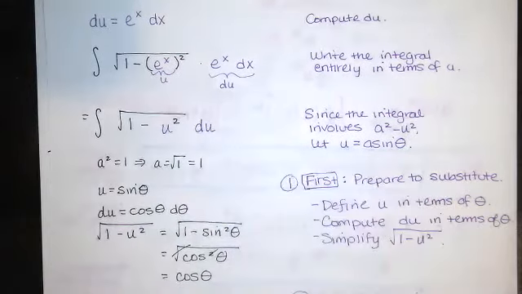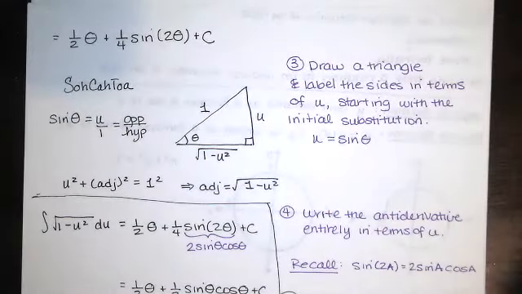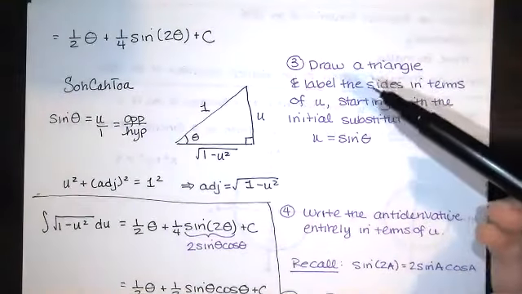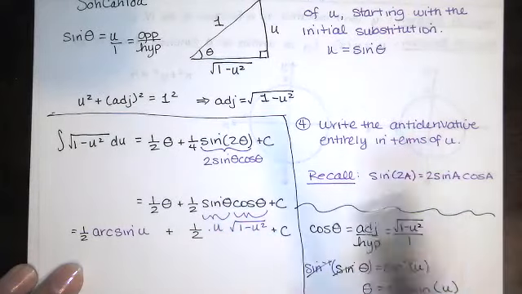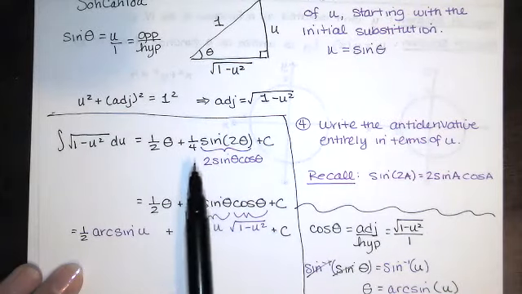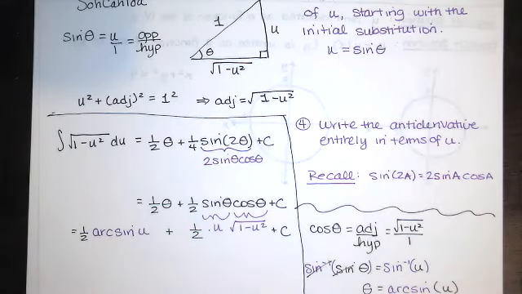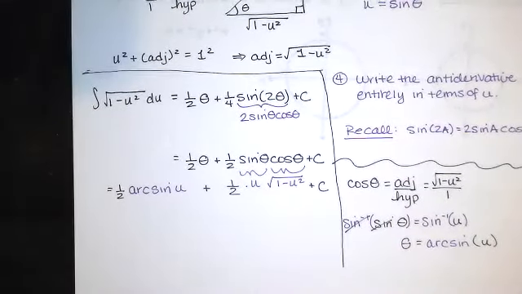So we did the trig substitution, which involved preparing to substitute, substituting, simplifying, and anti-differentiating, drawing a triangle, and using that labeled triangle to rewrite the answer in terms of u. That's our last step. We also had to add this trig identity in here because we had that sine of 2 theta, which occasionally comes up. And we got here, but we're not done yet until we write the answer entirely in terms of x.